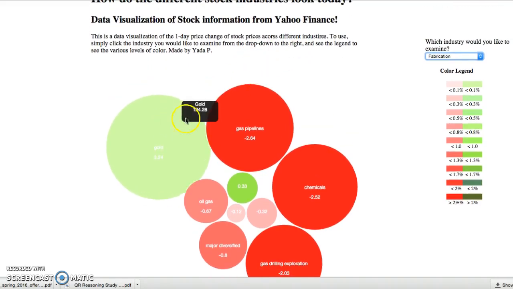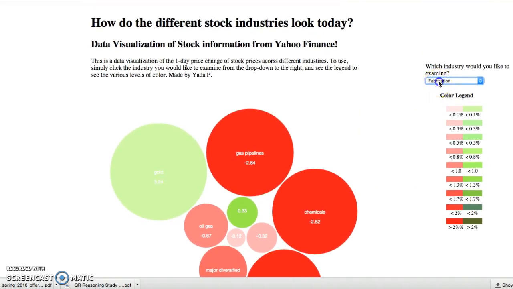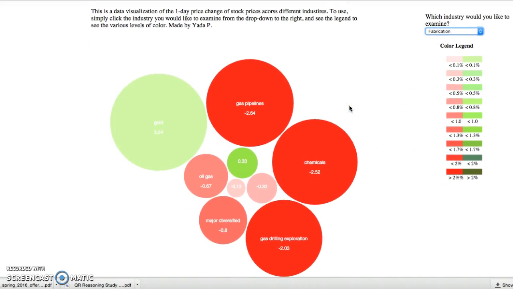And here, what we can see is that the fabrication industry is very much negative. However, there is a sector, which is gold, which is very much positive.